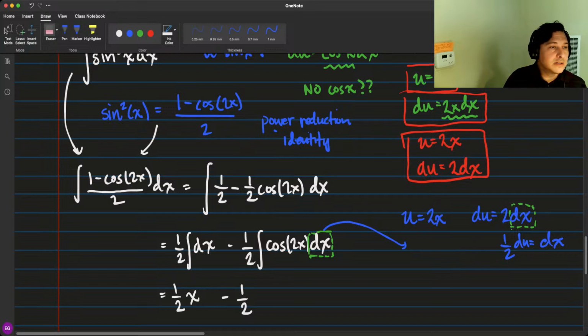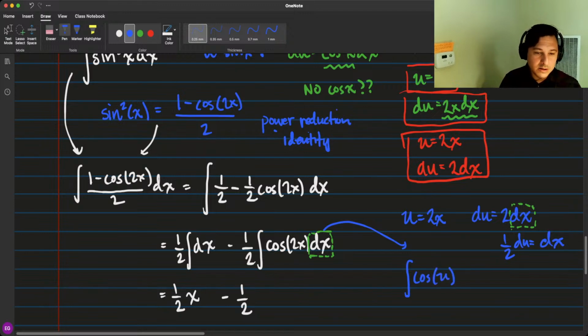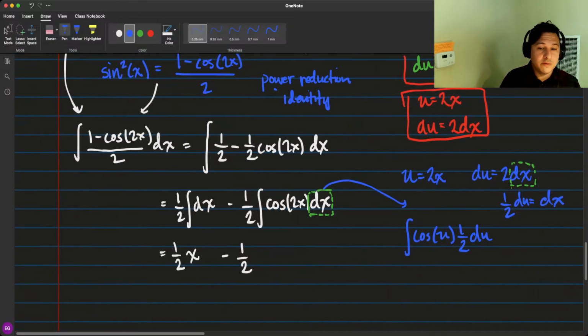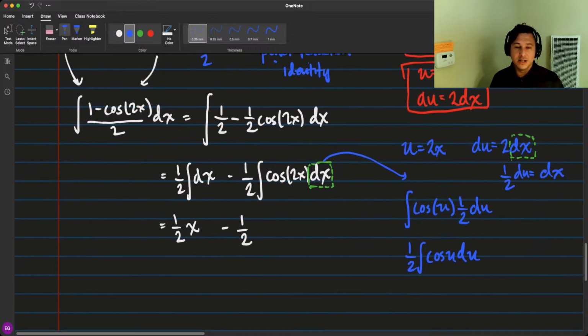So actually what you get is the integral of the cosine of u. I replace the dx with 1/2 du. So I can move that 1/2 out in front. Now what is the antiderivative of cosine u? You'll get 1/2 sine of u plus c.